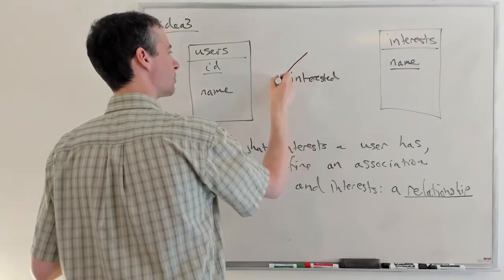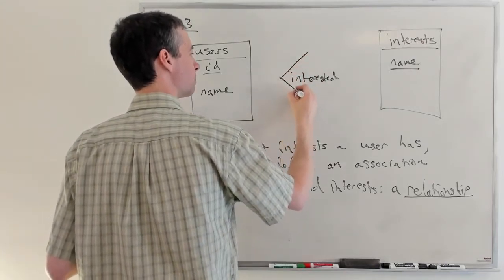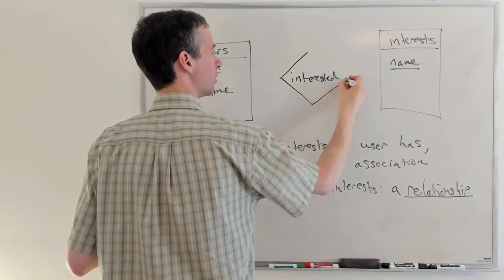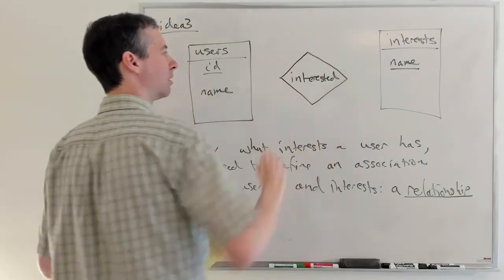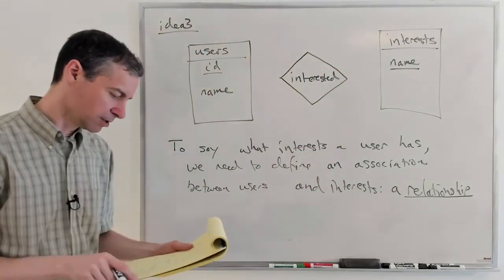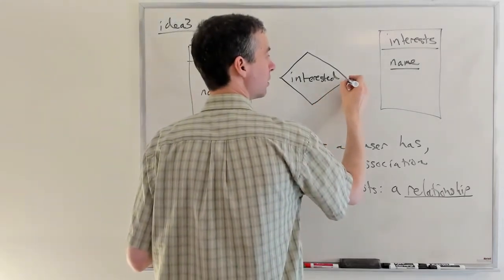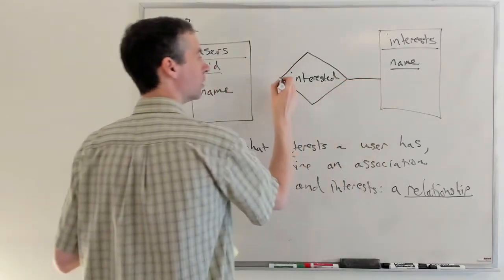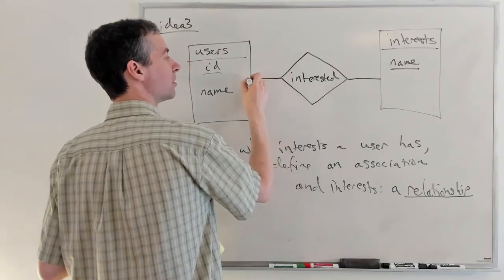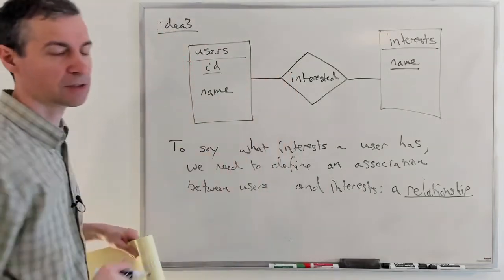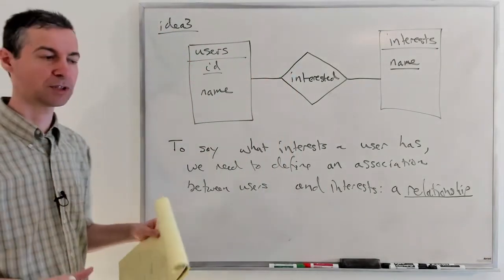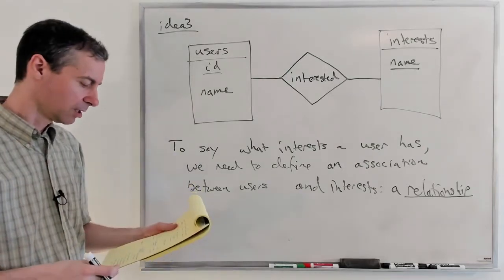And what we do is we draw our relationships in a diamond. All right. So we've got this interested, and then we connect with lines from the diamond to the entities that are related to each other, that are associated. All right.